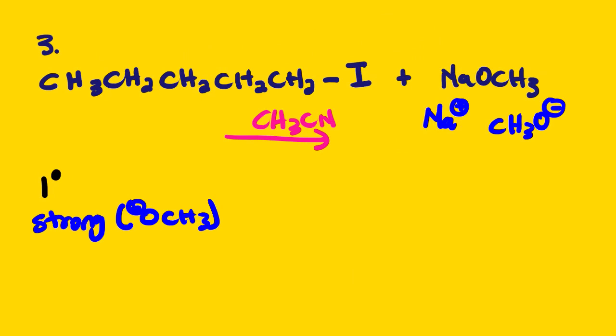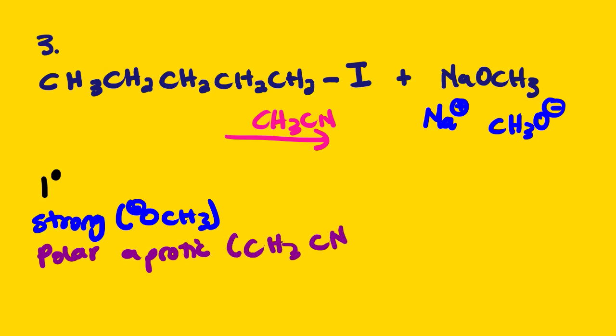So our solvent is a polar aprotic solvent, which is CH3CN. Then lastly, we have a good leaving group.